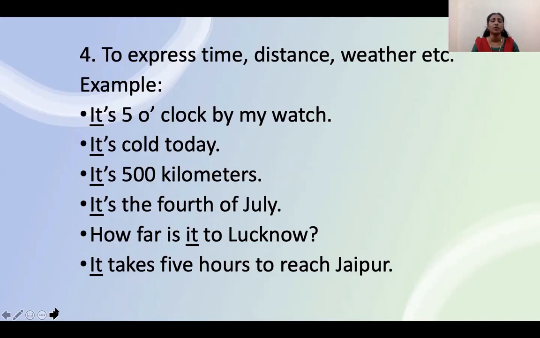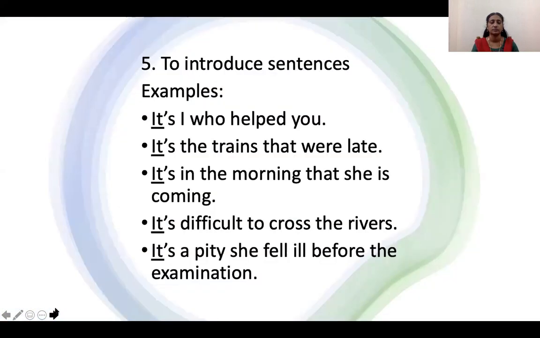And when we talk about the distance, it's 500 kilometers. And it's the 4th of July. We are talking about the date of the month. It's the 4th of July. And again, we are talking about the distance. How far is it to Lucknow? And again, we are talking about the time. It takes 5 hours to reach Jaipur.